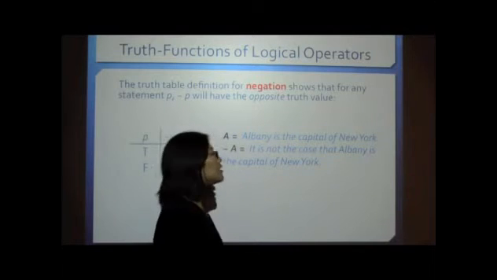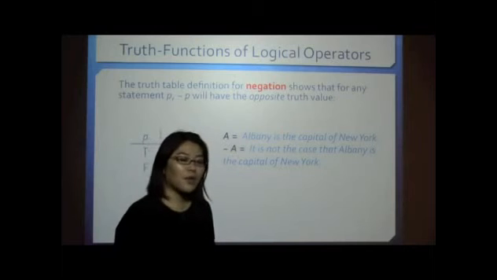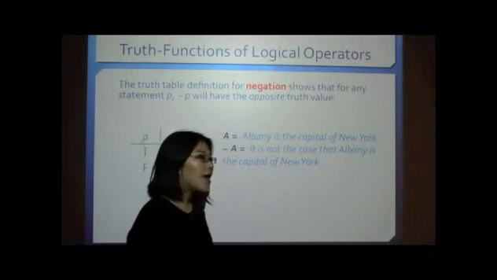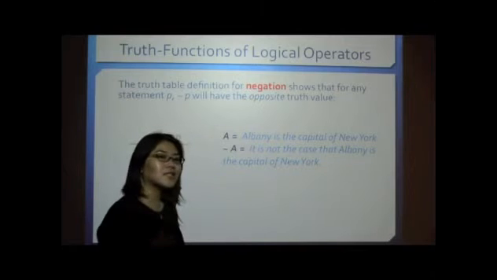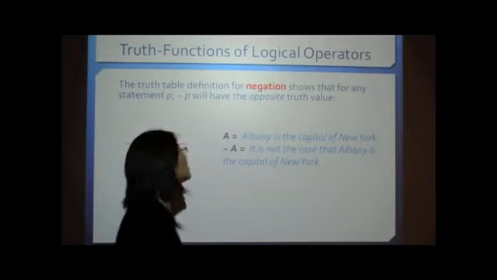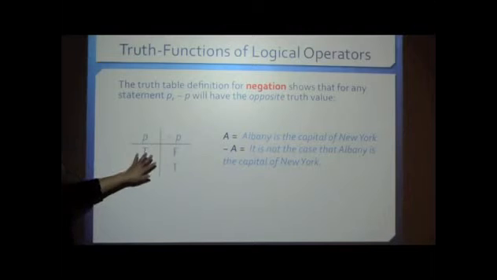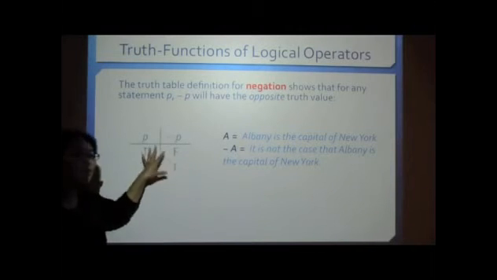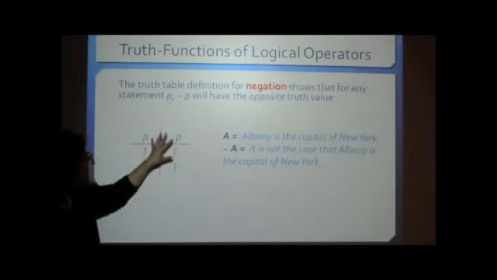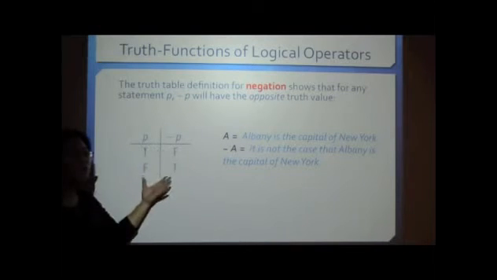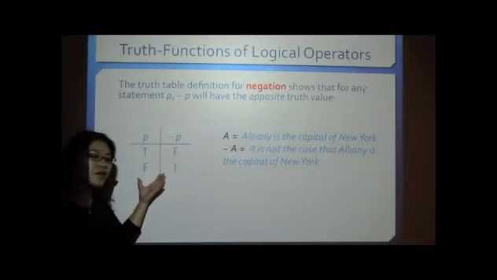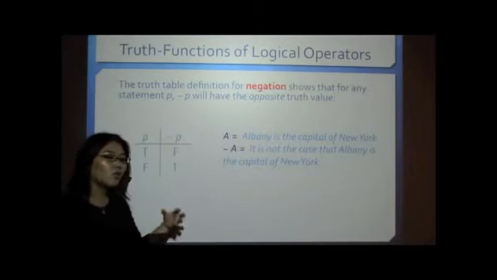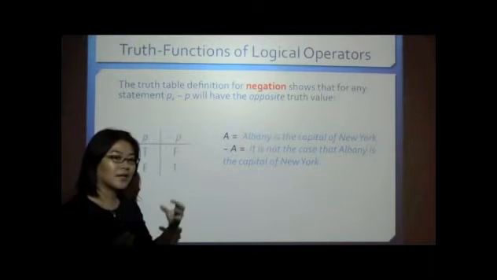Now, the meaning of a logical operator is defined by its truth function, and its truth function is best illustrated rather than explained. So here we have the truth function for the negation, given as what is called a truth table. This is a truth table which shows you all the possible truth values a specific statement can have. It doesn't tell you what the truth value of that statement is.